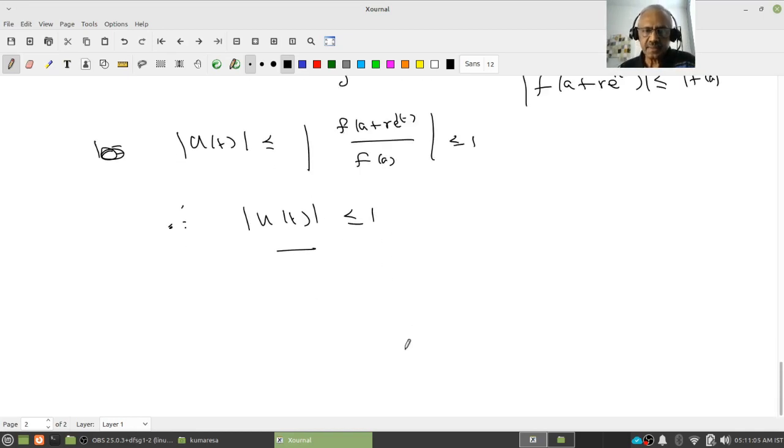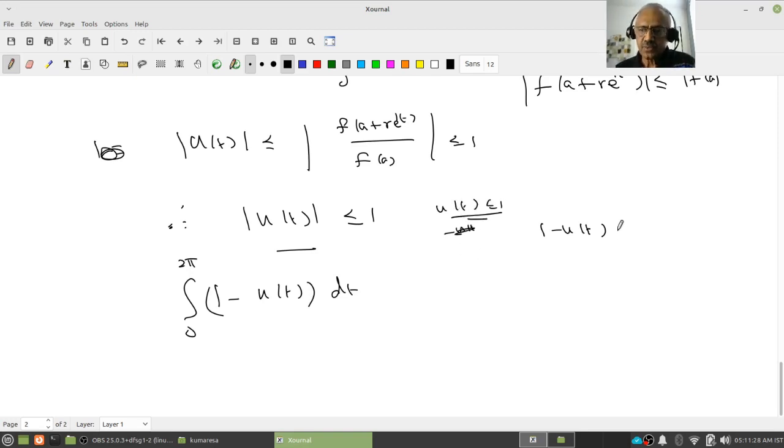Now let's look at 1 minus u(t). If I integrate between 0 to 2 pi, since u is a real number, u(t) is less than or equal to 1. So 1 minus u(t) is always greater than or equal to 0.